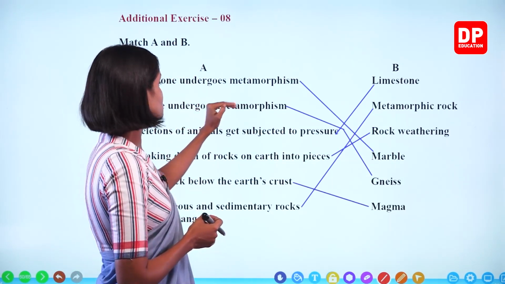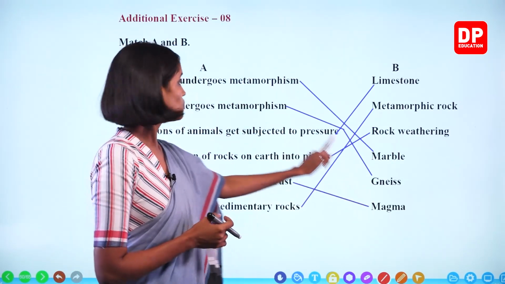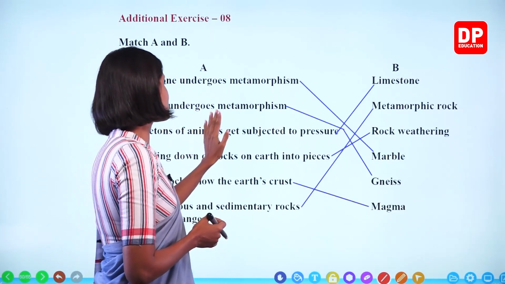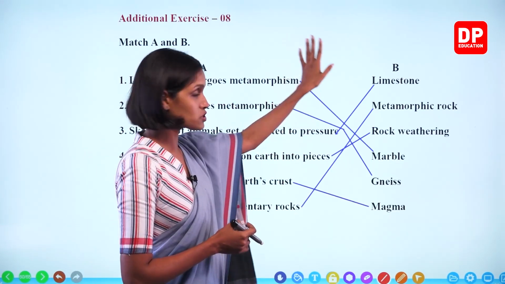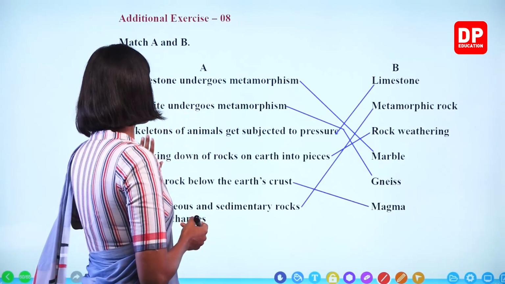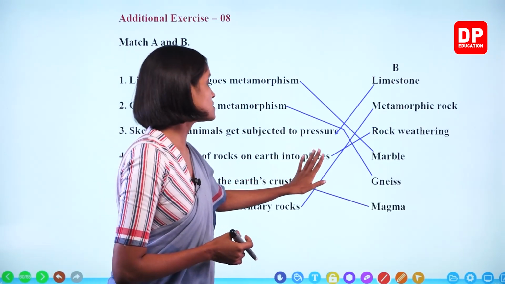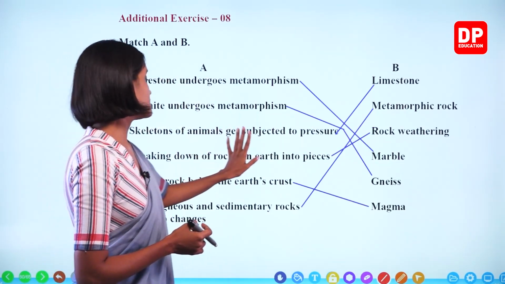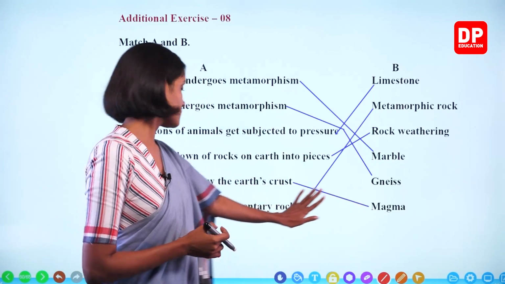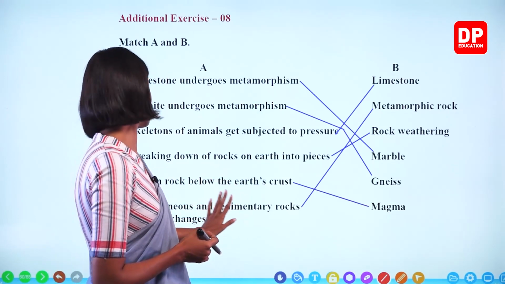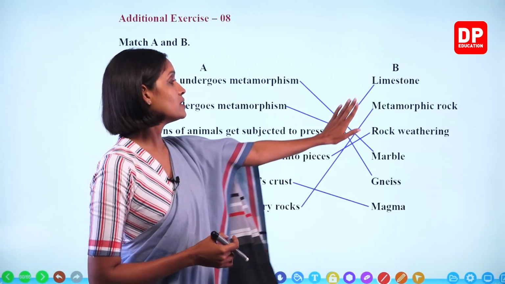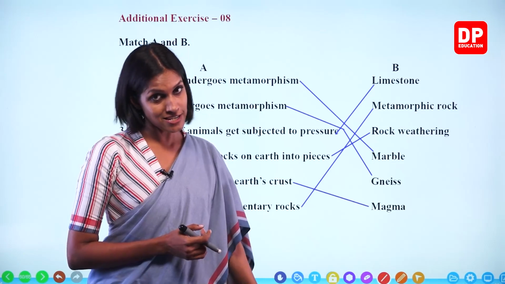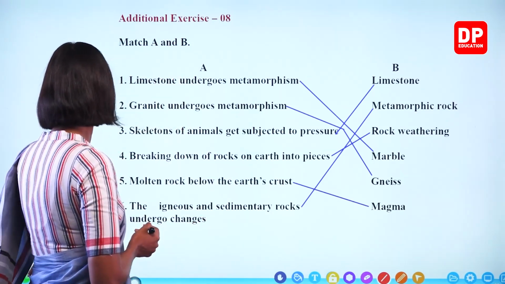Granite undergoes metamorphism and gneiss is formed. Skeletons of animals get subjected to pressure and limestones formed. Breaking down of rocks on earth into pieces is known as rock weathering. Molten rock below the earth's crust is called magma. Igneous and sedimentary rocks undergo changes and form metamorphic rocks. Right, children? We'll move on to the next.